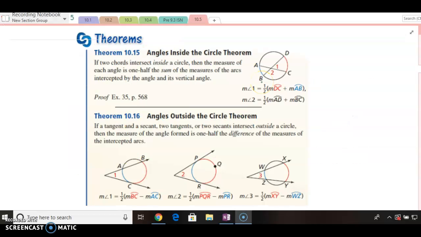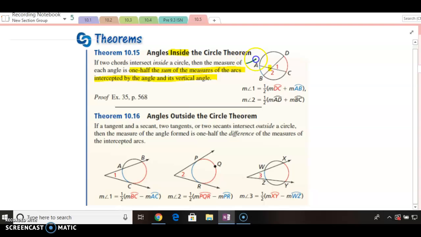All right, so here are some more formulas, guys. Now, this can get overwhelming, I know. So, angles inside the circle theorem. If two chords intersect on the inside of the circle, anywhere on the inside, we would use these formulas. It says if two chords intersect inside a circle, then the measure of each angle is 1/2 the sum of the measures of the arcs intercepted by the angle and its vertical angle.